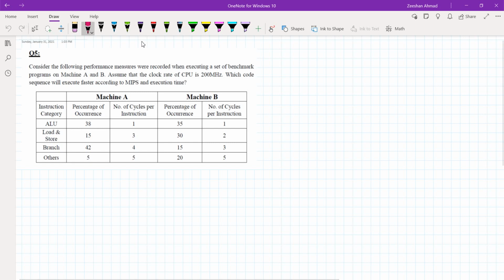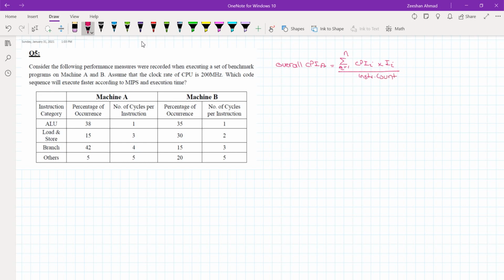So I'm just starting from here. You can say that the overall CPI is equal to the summation, as I told you, for i from 1 to n, of the CPI of i multiplied by the instruction count of i, divided by the total instruction count.